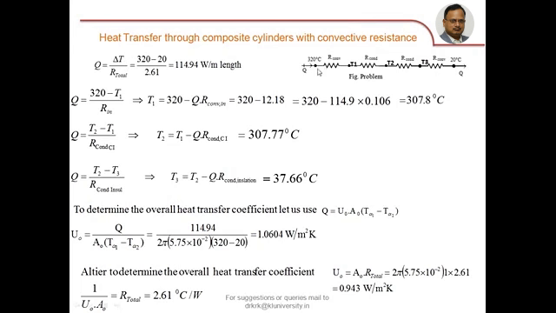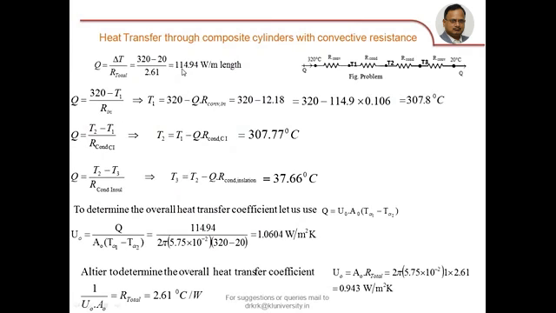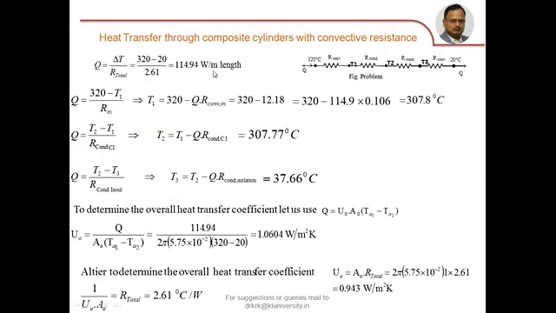Now Q equal to delta T, that is 320 minus 20, divided by all the four resistances together, that is 2.61 as we have got here, and hence Q is 114.94 watts per meter length. And I think per meter length only it is asked.